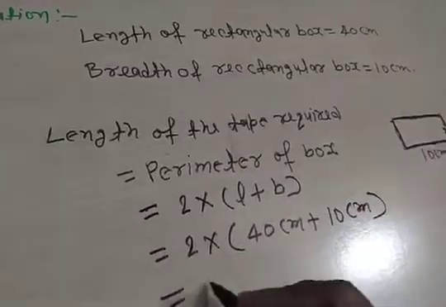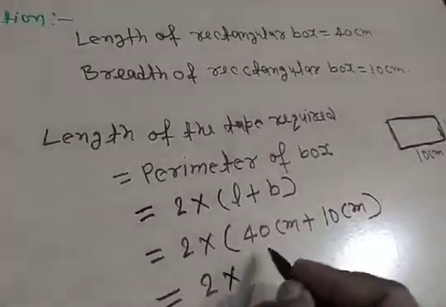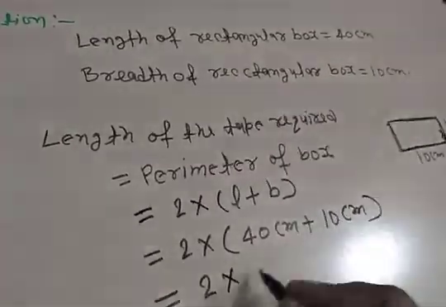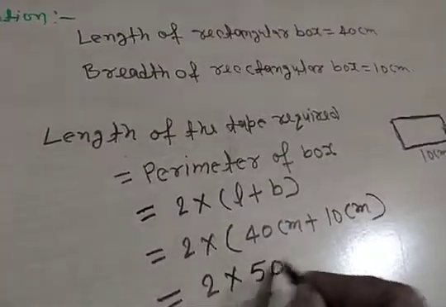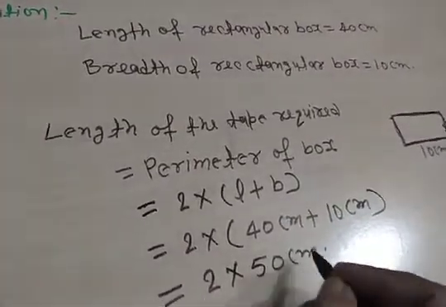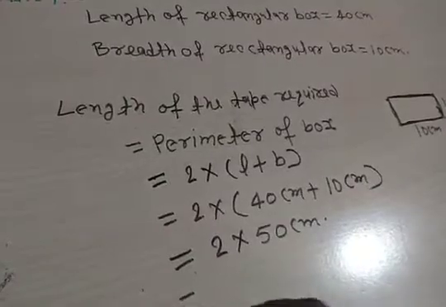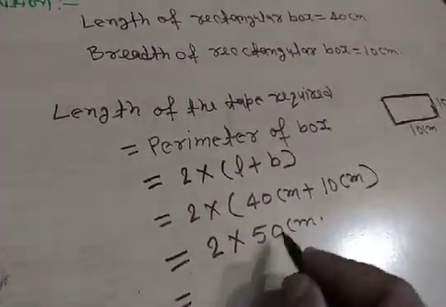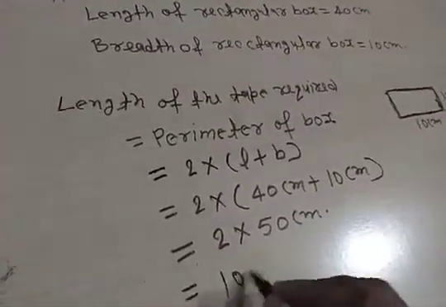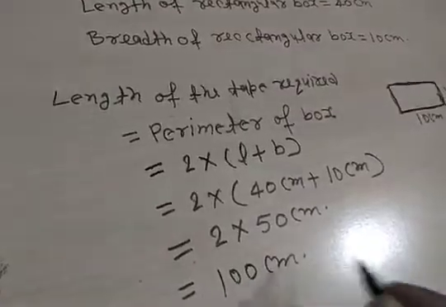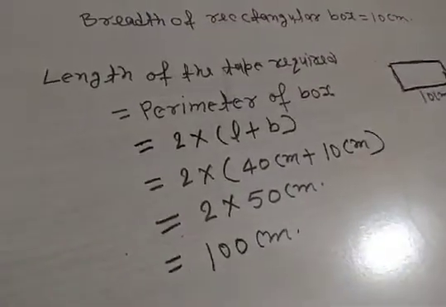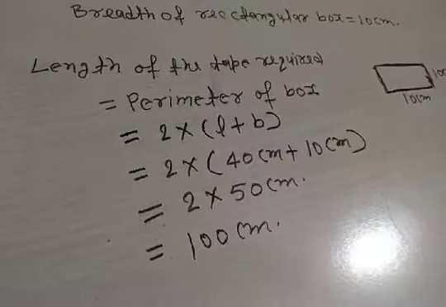First we add 40 plus 10, 50 centimeters. So 2 into 50 is equal to 100 centimeters. Clear? This is our length of tape required, 100 centimeters.